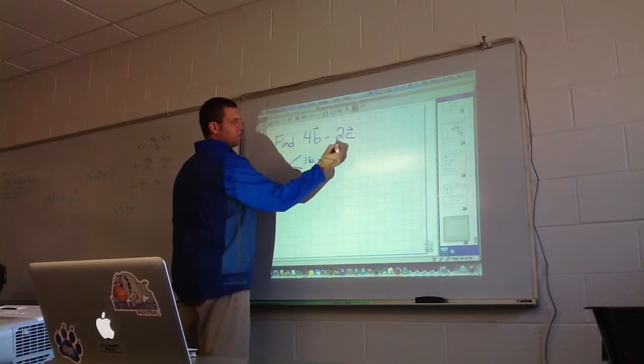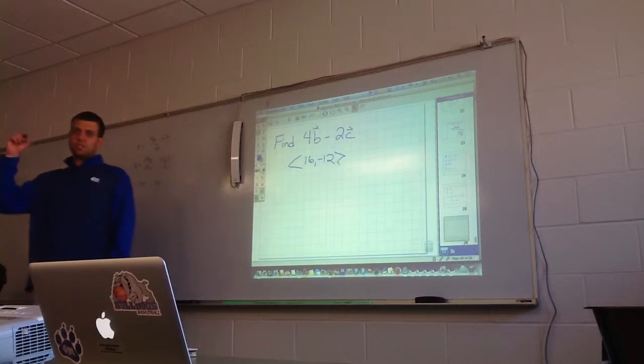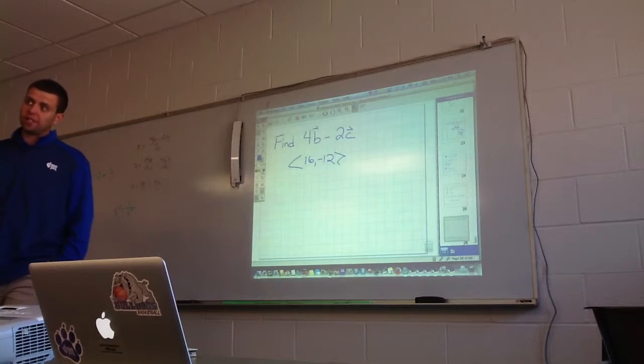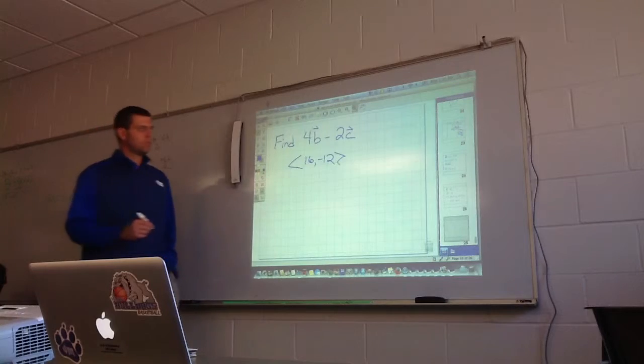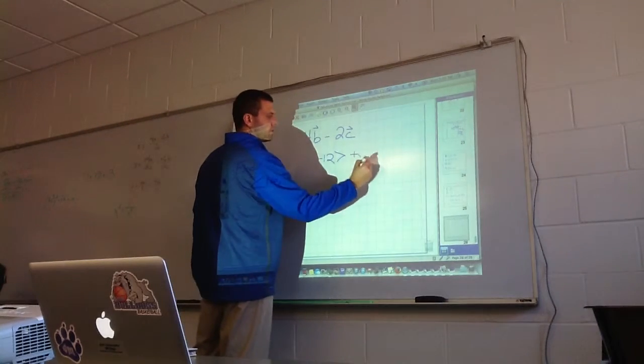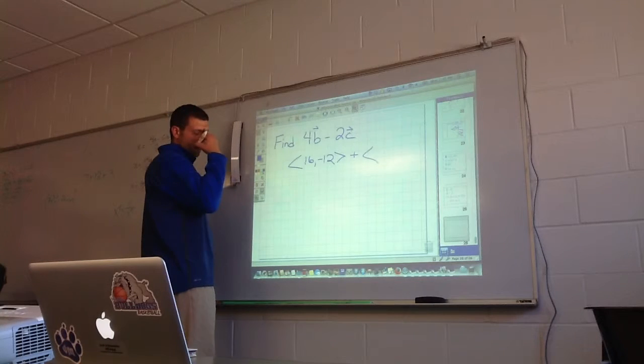Plus negative 2 vector C. So in other words, plus C's opposite twice. Instead of 2, 7, it'll be what?